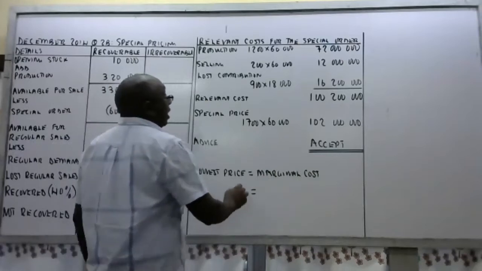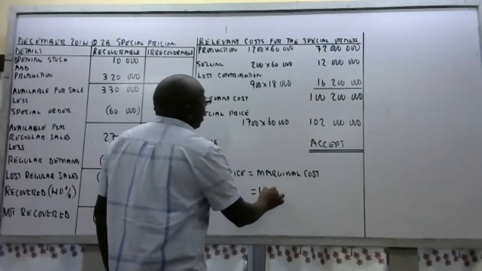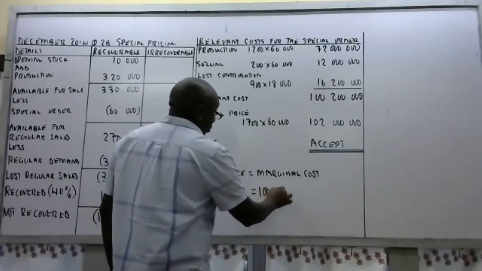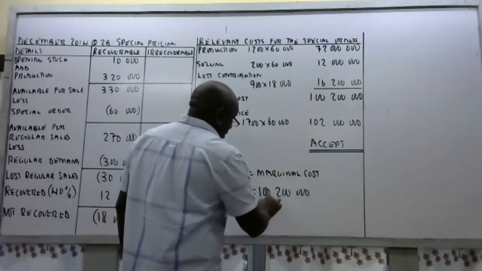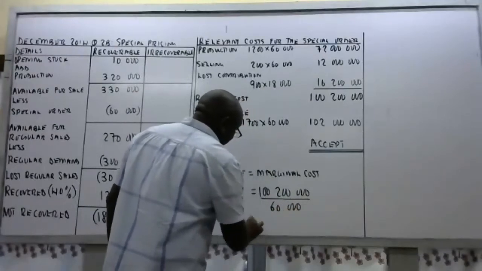So, this is 100,200. You divide by 60,000.